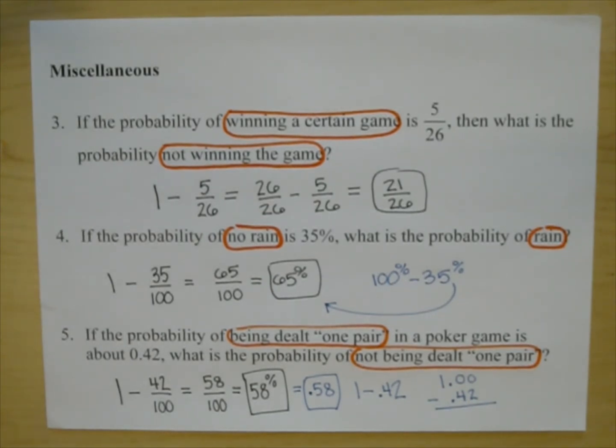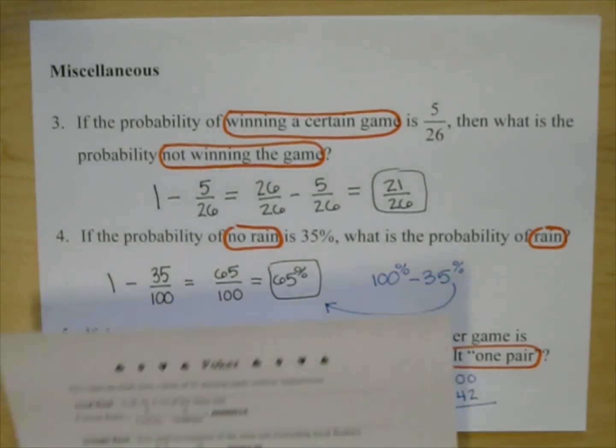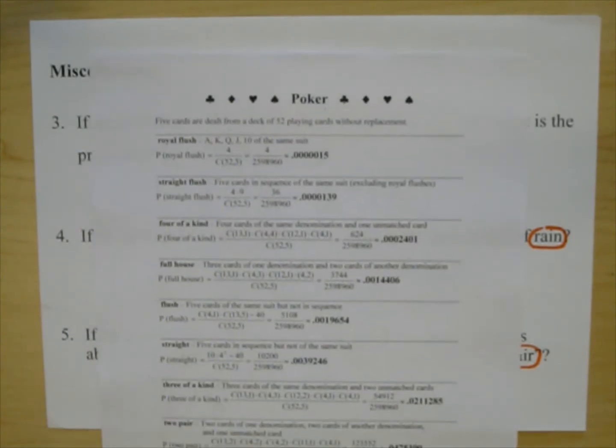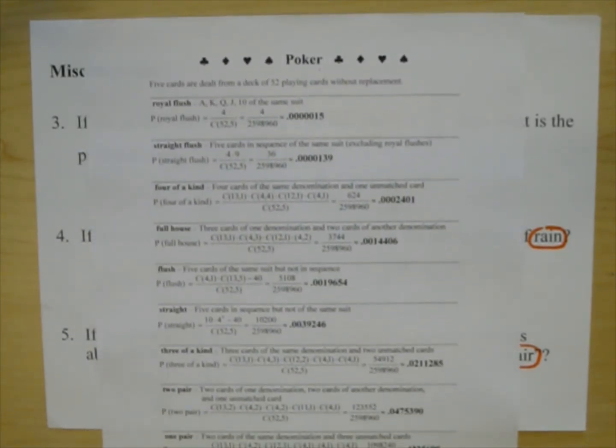Now some of you are interested in poker. Let's see if I can find this. Yeah, here it is. So what I'm going to do with the PDFs for this lecture is I'm going to include this near the end of our PDFs. And this is getting all sorts of things.